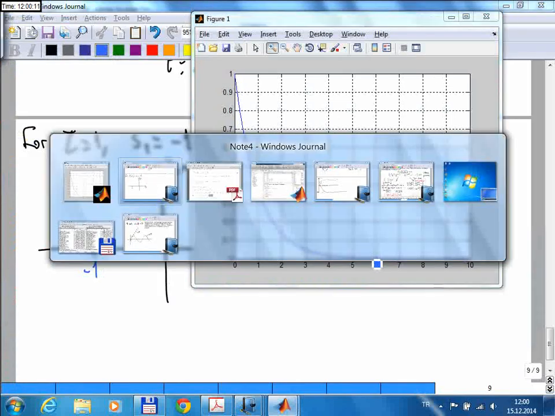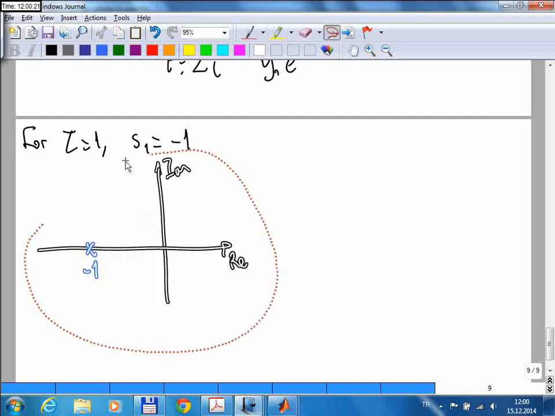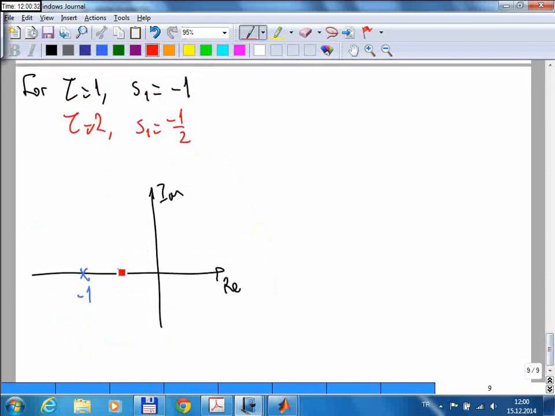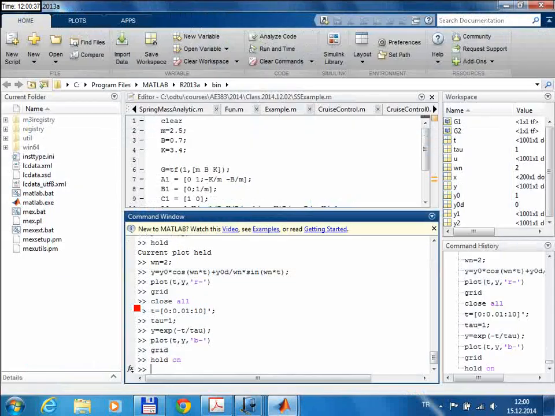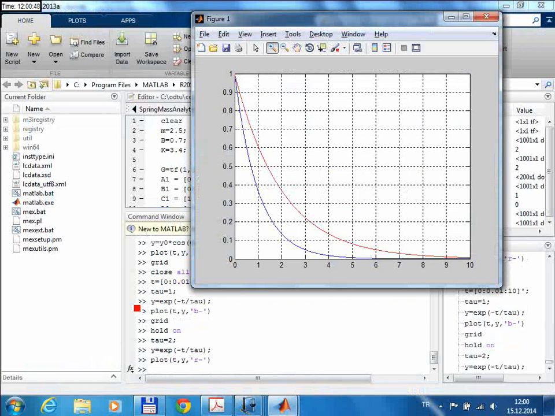Okay, so let me choose time constant equal to 2 seconds. Pole will be at minus 1 over 2. That corresponds to this point. Let me update the value of tau to 2. This is the output, and plot using red. This is the output.